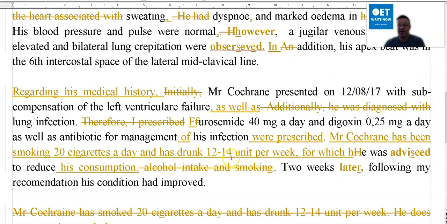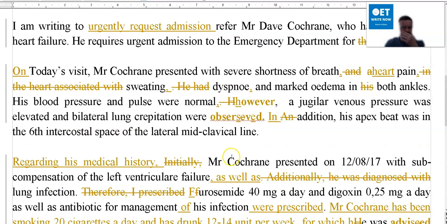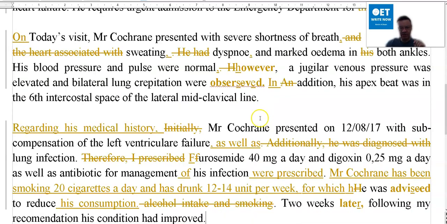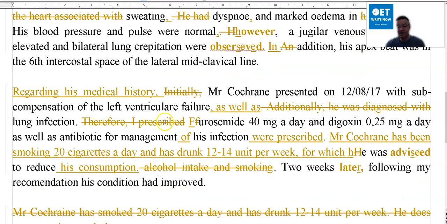So, if we look at this in a logical way, you've got urgent request, admission, today's visit, shortness of breath, and so on. Regarding his history, he's been in before with ventricular failure, he's had some pills, he smokes and drinks. So that's giving me a bit of background as to why he might be here now.